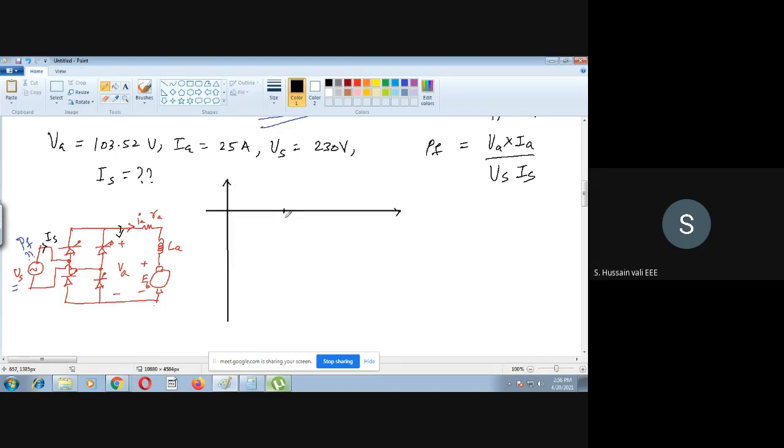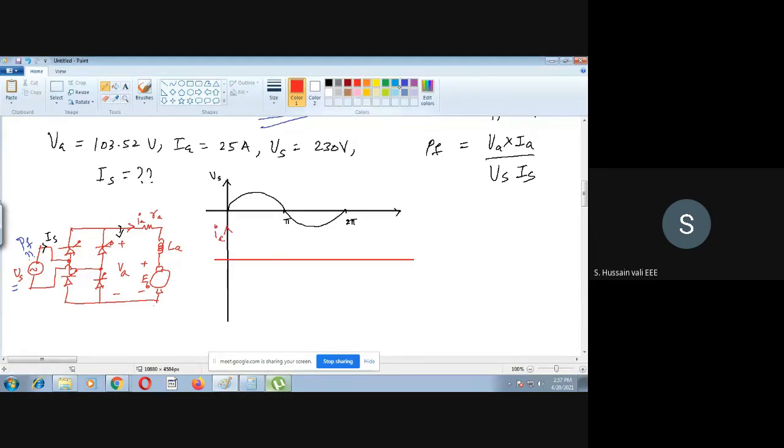This is the supply voltage Vs. Now I am going to draw the current waveform, the IA current waveform.